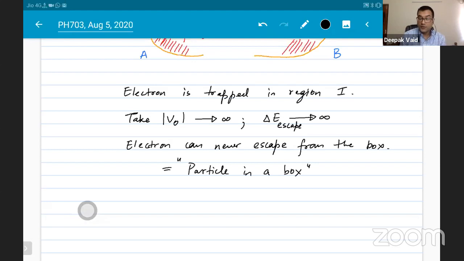Even if the potential is not infinite, it's still a particle in a box. It's just that the walls of the box are permeable. The electron can go through those walls. But if the potential is infinite, then the walls become impermeable. Okay?